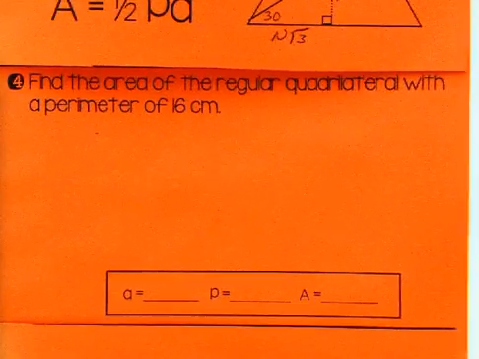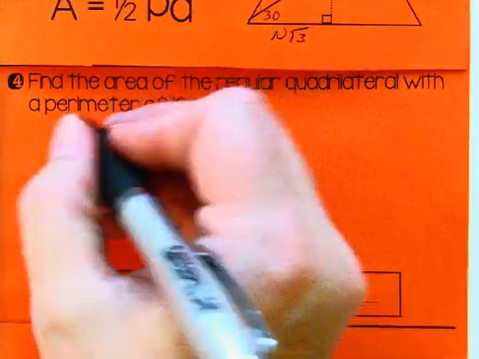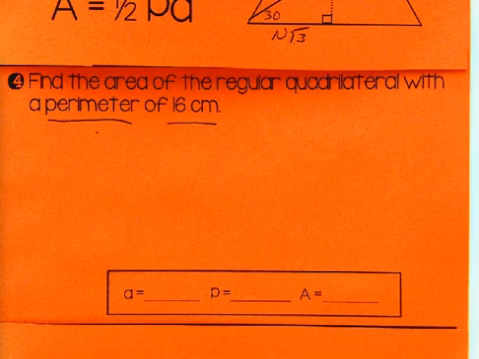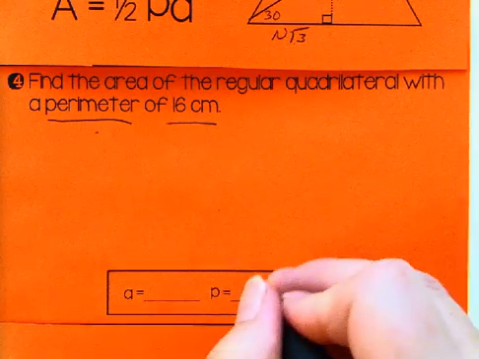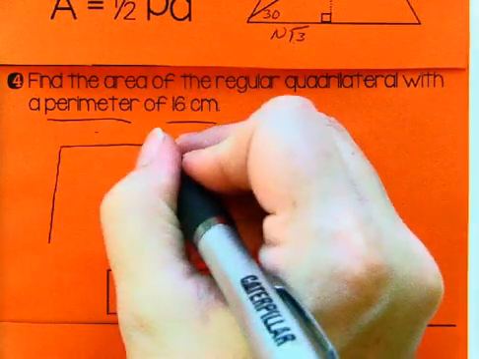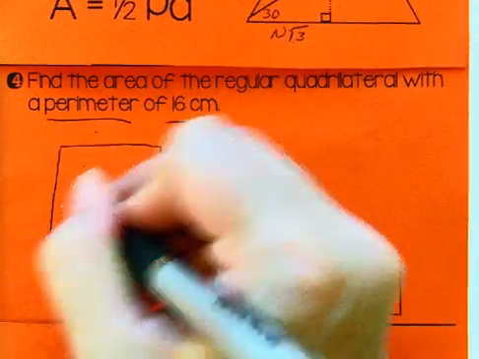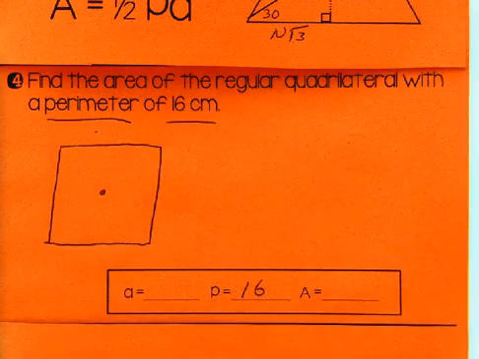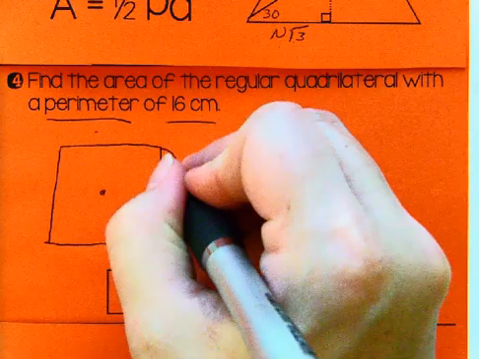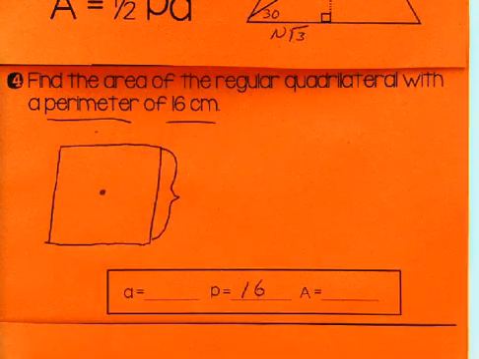Let's keep moving. So the next quadrilateral. This time we have a perimeter of 16 centimeters. Okay, so we're going to go ahead and fill that into the perimeter spot. I am going to go ahead and draw my picture. So if we know that the perimeter is 16, each side, we would take the perimeter divided by 4, which is 4.